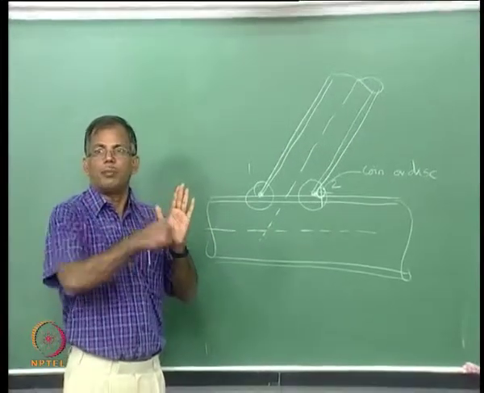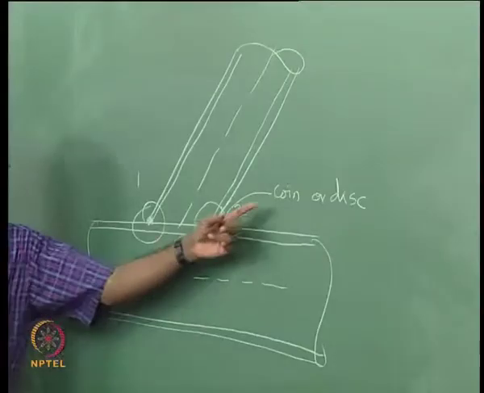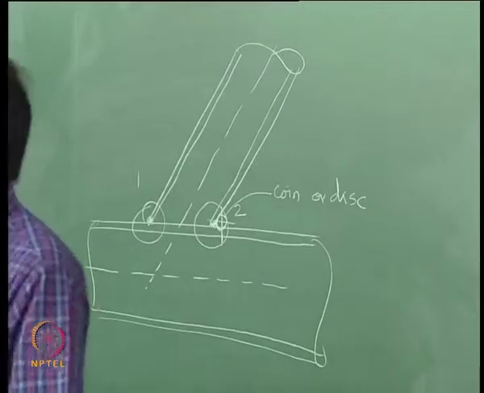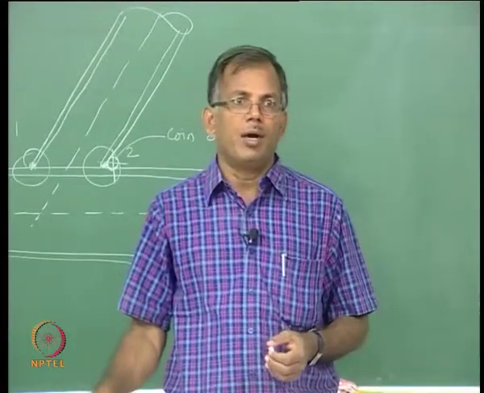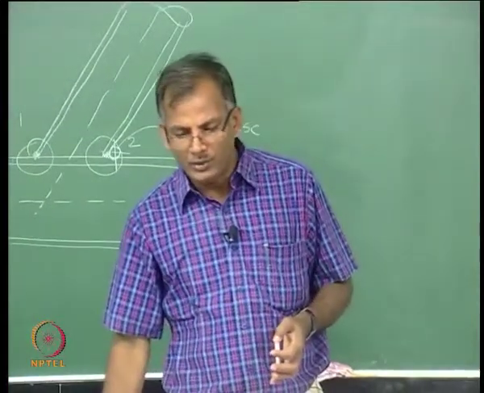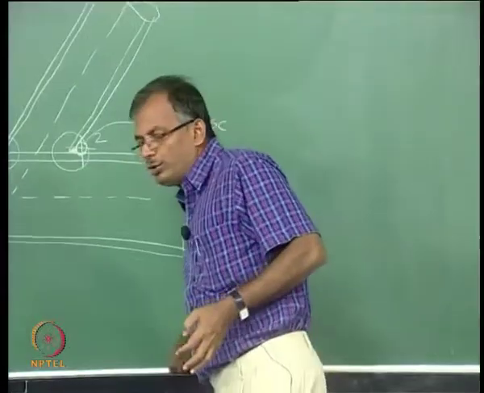If it fits and rolls properly, that means the profile is done according to the requirement. So, basically the coin test or disc test is a method to check the curvature of the joining profile from the weld to the chord or weld to the brace. So, that is one of the tests normally done, just to make sure that the profile is in accordance with the requirement of the codes.